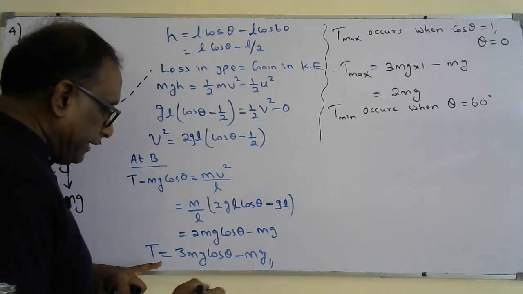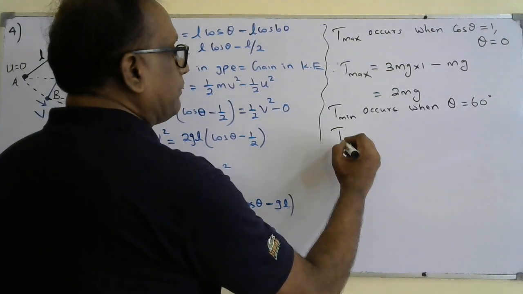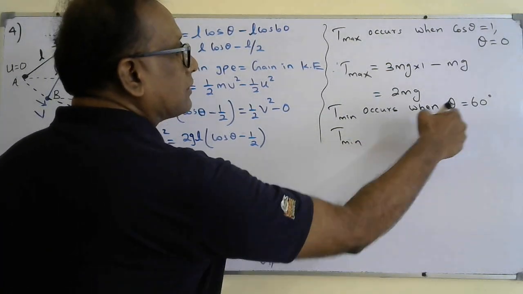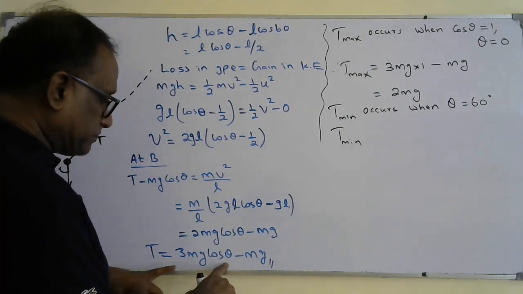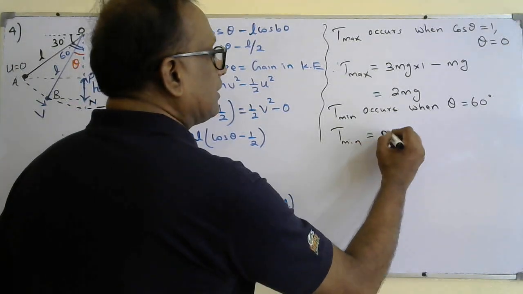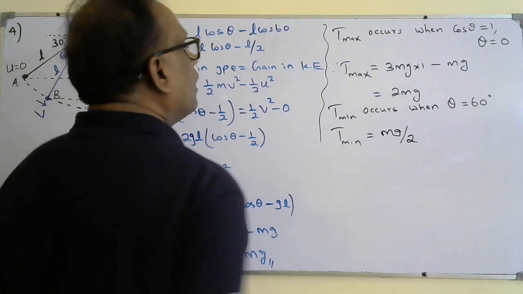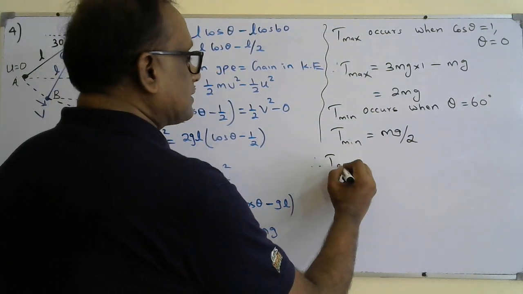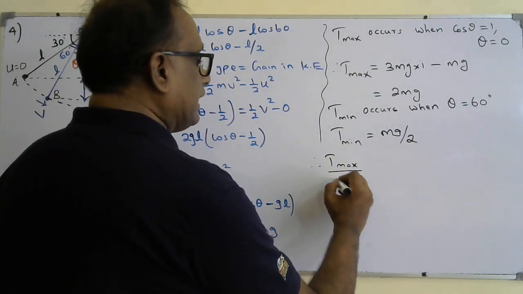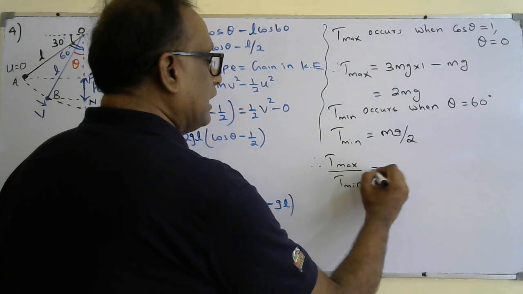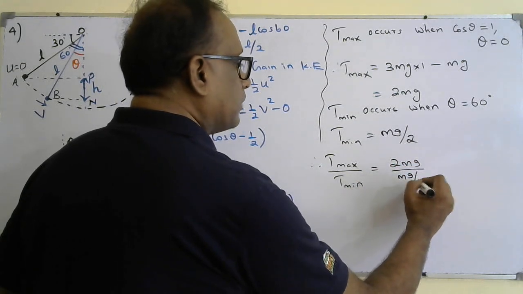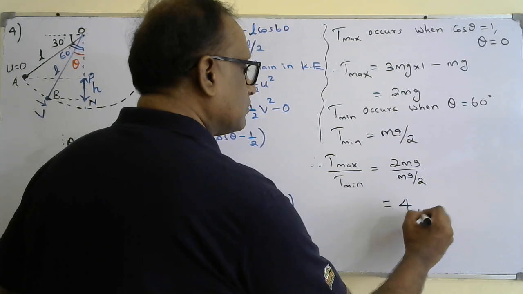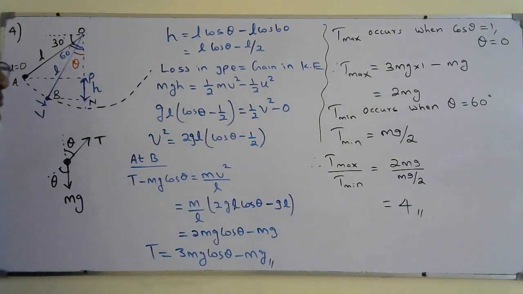That time the minimum tension occurs. So T minimum, when theta is 60, if you want you can substitute, but you don't need to, we already found it in the first part, that is mg by 2. Okay, so T max over T minimum equals mg over mg by 2, which is what they asked to show.